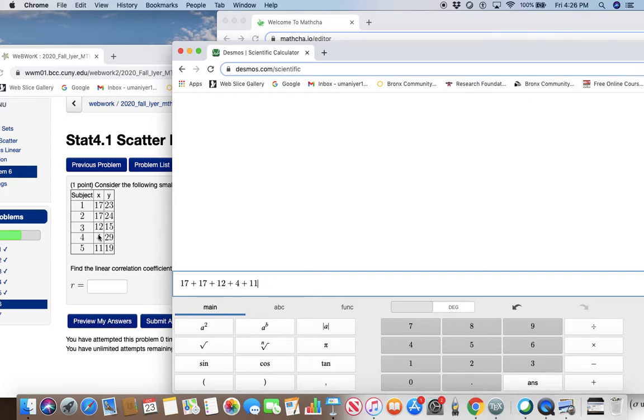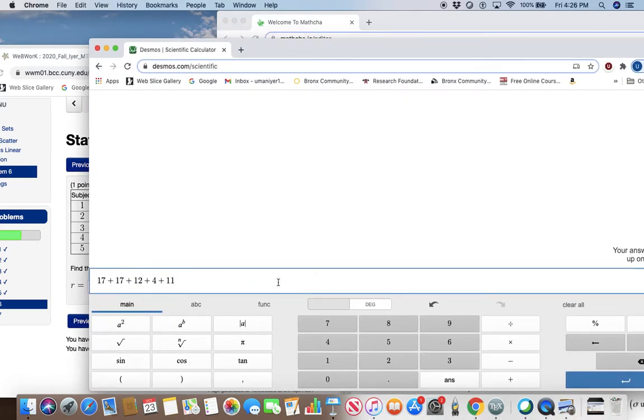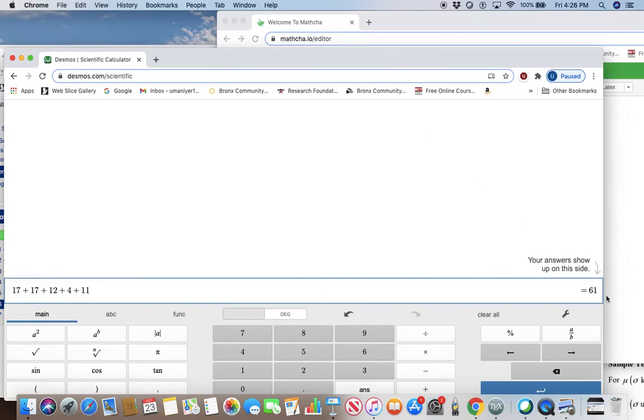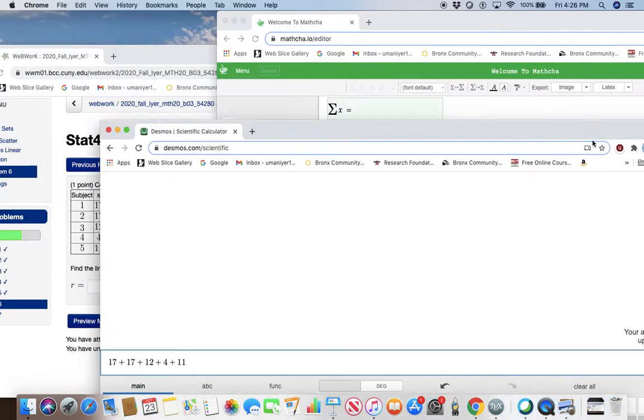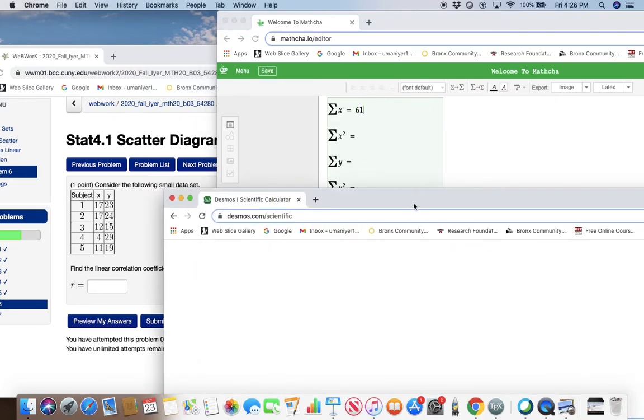These are all the x values we need to add. This is summation x. I get 61. Summation x is 61. All right.